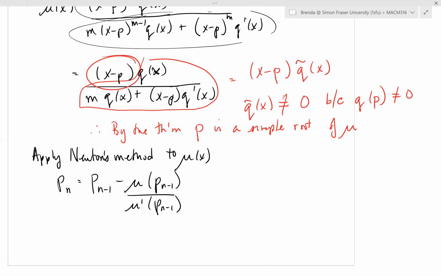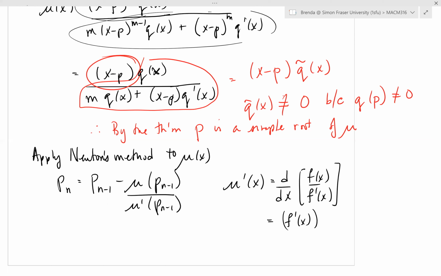Let us now compute mu prime of x. Mu prime of x is the derivative with respect to x of f of x over f prime of x. I do that using the quotient rule, and I get f prime of x squared minus f of x times f double prime of x, divided by f prime of x squared.